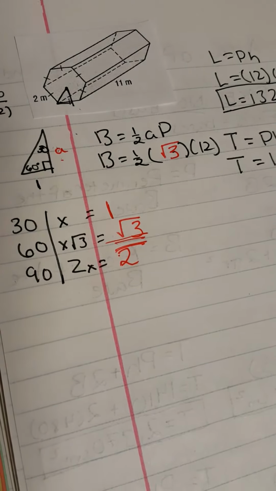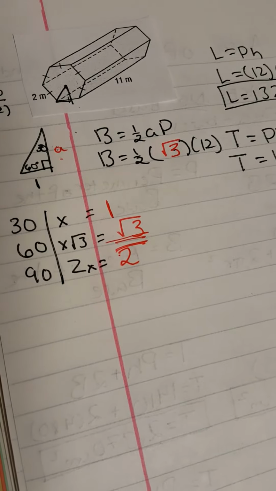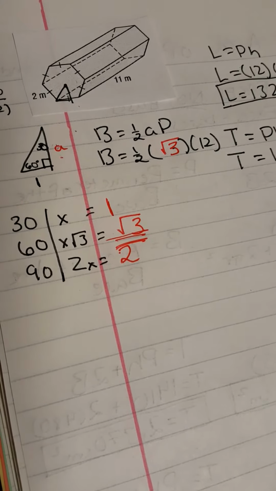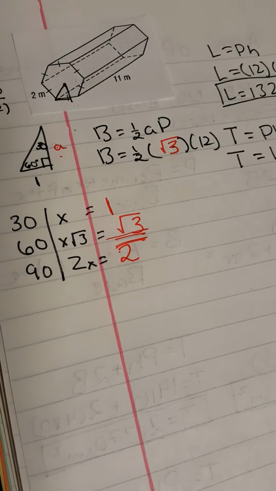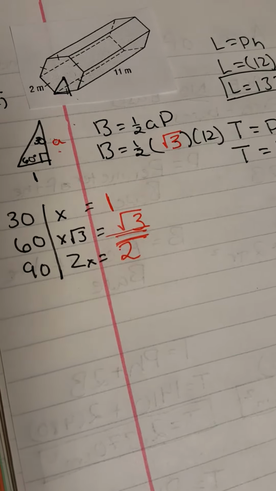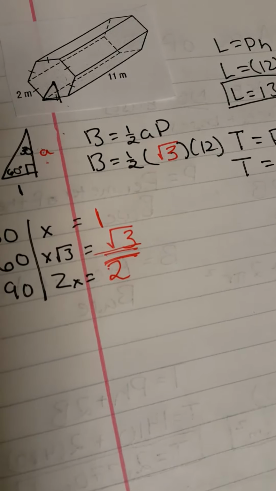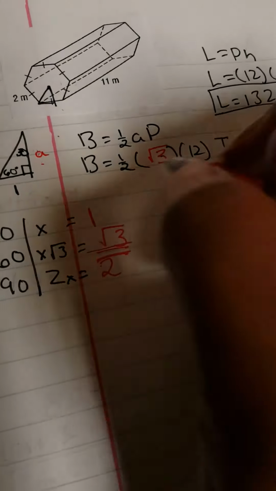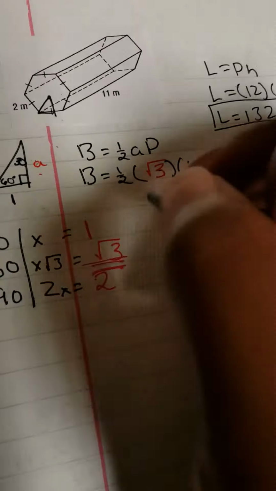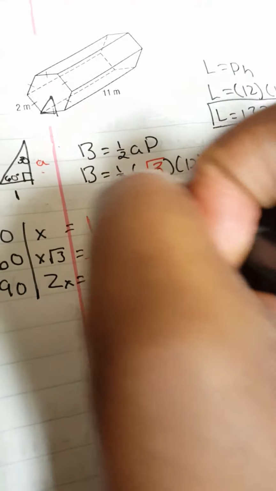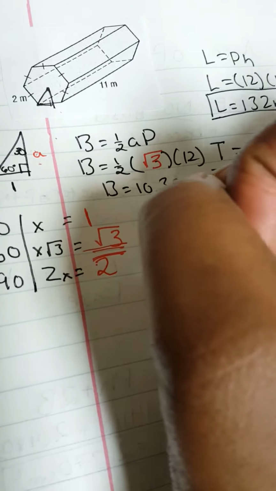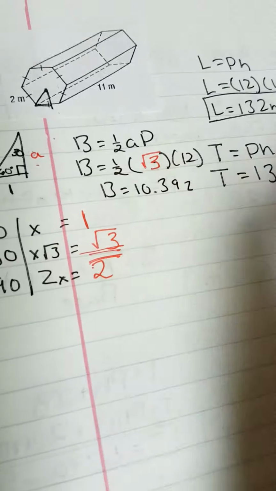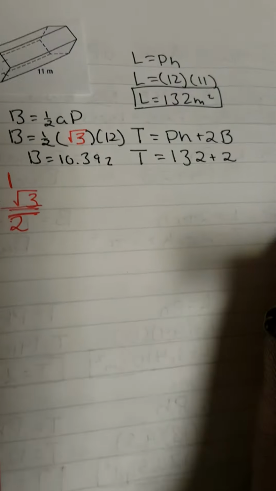So I'd put that in the calculator. 1/2 times square root of 3 times 12. Okay, I'm not going to round it that much. 10.392. Because remember, I don't want to round to the very end.